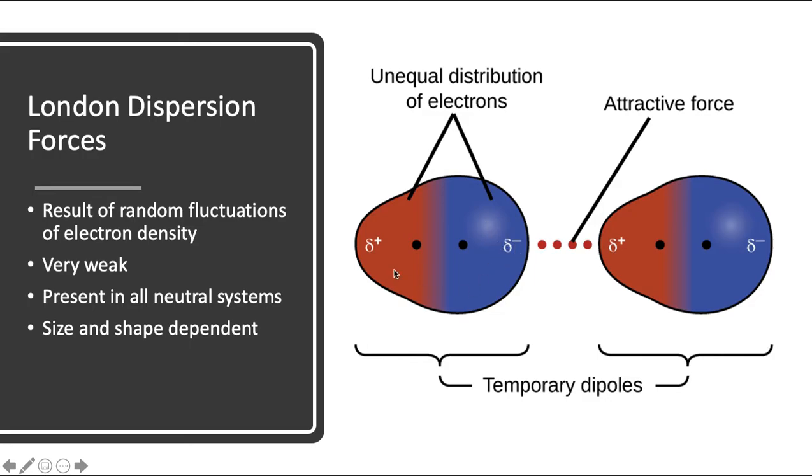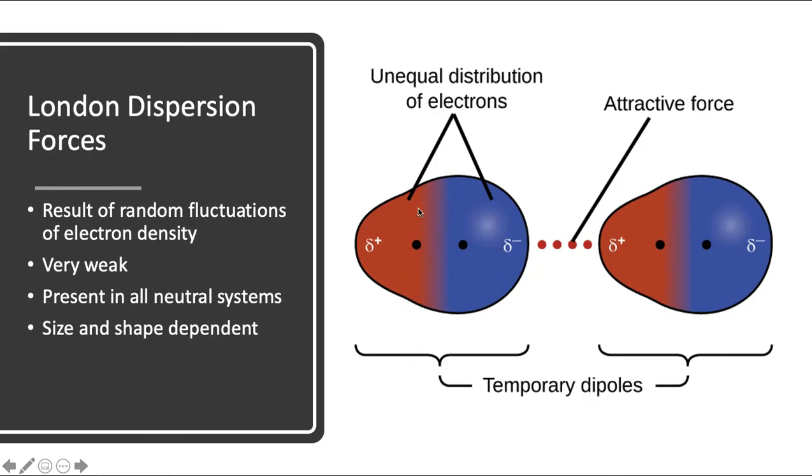And once that distribution changes, this dipole is gone. So once the electrons move around again in my nucleus, that dipole is gone and I still get a distribution of 0. And once the dipole is gone here, it's gone here as well, because I don't have a negative charge here to repel the negative charge, to leave me with a partial positive charge here.